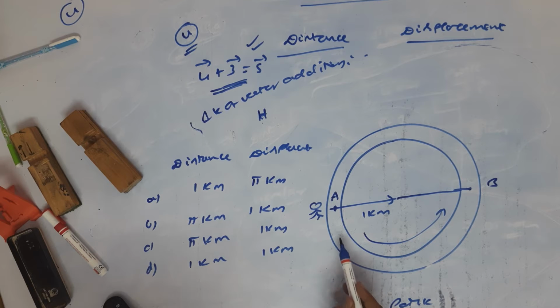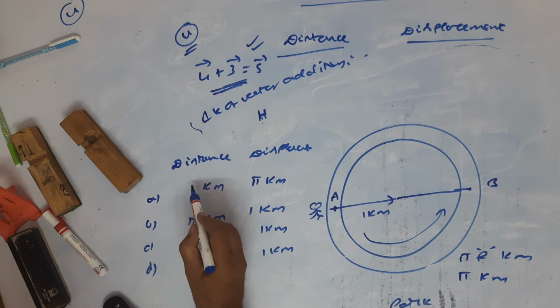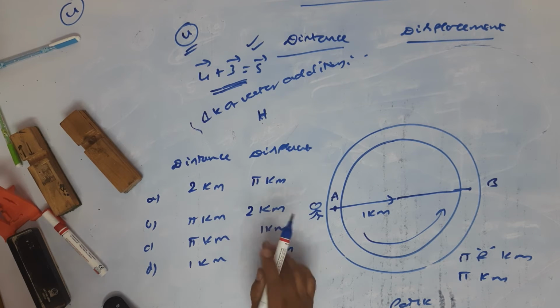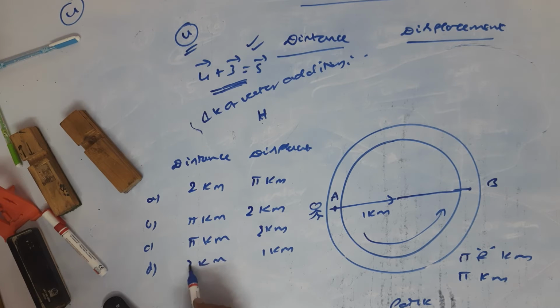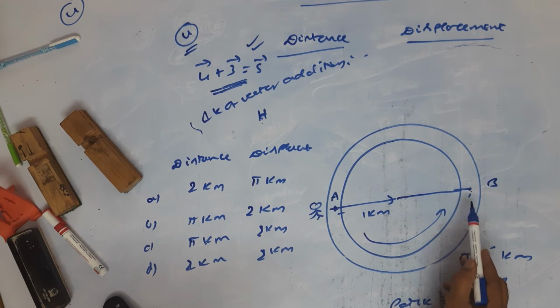One is half of the circumference, pi r kilometer, so since the radius is 1 kilometer, you take pi kilometer. And the straight length I will make 2 kilometers, sorry, because this is 2r. So this length is 2r, this length is pi r.